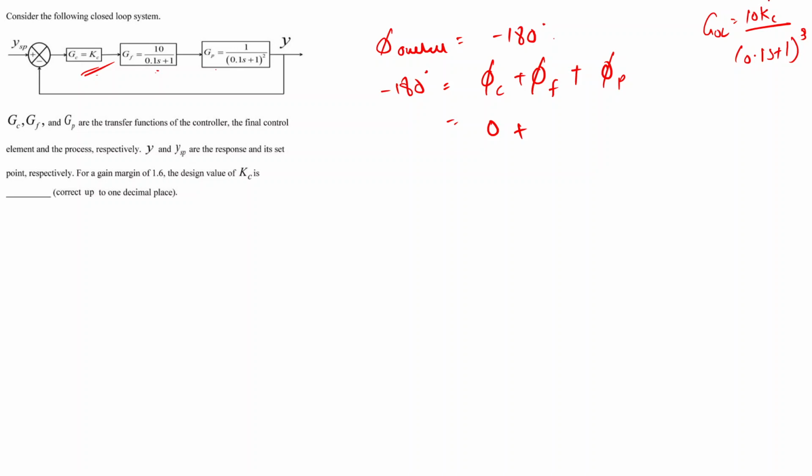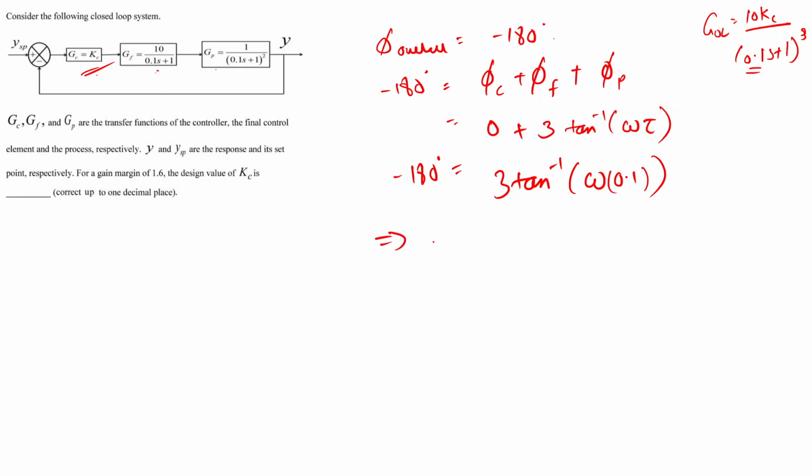So for this Kc we already wrote the phase lag as 0, and for 1 upon 0.1 S plus 1 whole cube, it will be 3 times the phase lag of a first order system with time constant of 0.1. So that will be 3 times tan inverse omega tau, where tau is 0.1. Let's replace it: 3 times tan inverse omega into 0.1.